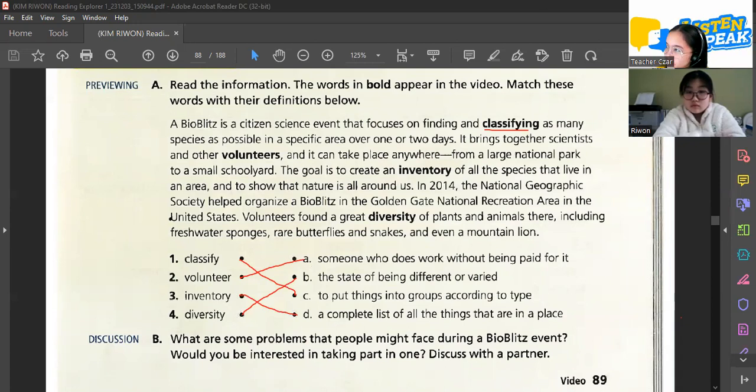LGBTQ are a group of people that has a different gender besides female and male.